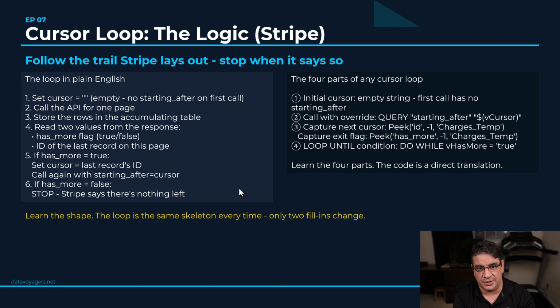One is has more, true or false, and then you have to capture the latest ID inserted in the loop. This is the request for the next page, and for that we need a parameter called starting after. That's the important one, and it's the one we are going to use.